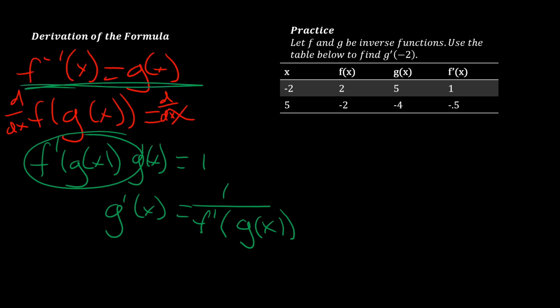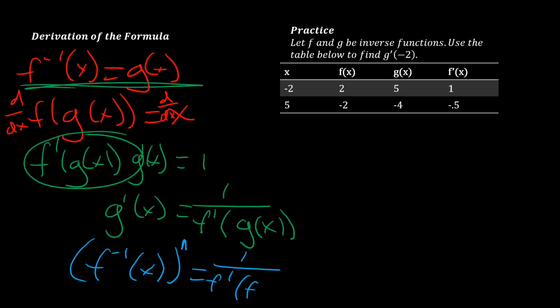Now we know again up here we can just go back and resubstitute this into our equation. Therefore, we're going to get the derivative of the inverse function, got to make sure we have that prime symbol, is equal to 1 over f prime of the inverse function when we plug in x there.